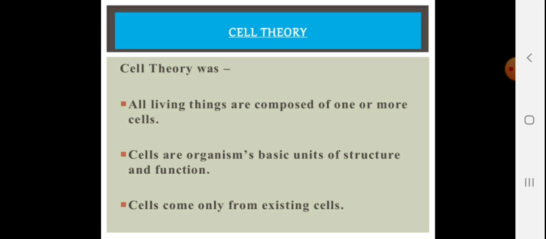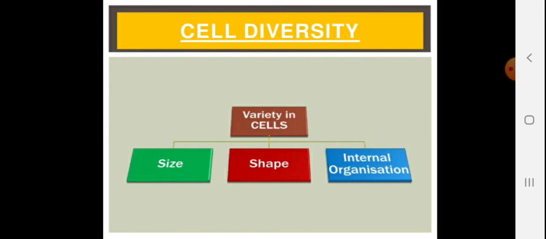All bricks come together and form a wall, walls come together and form a room, and rooms come together and make an apartment or the house. Similarly, cells are the organisms' basic units of structure and function. Cells come only from existing cells, so they are formed from pre-existing cells.